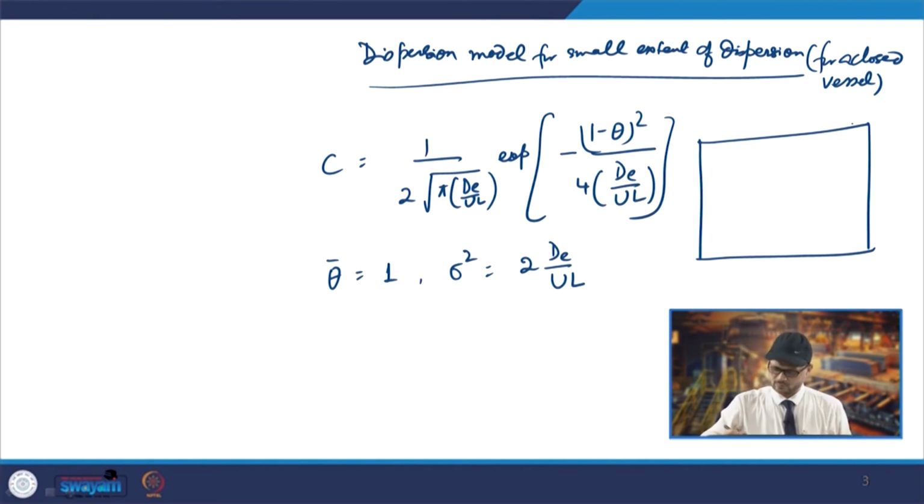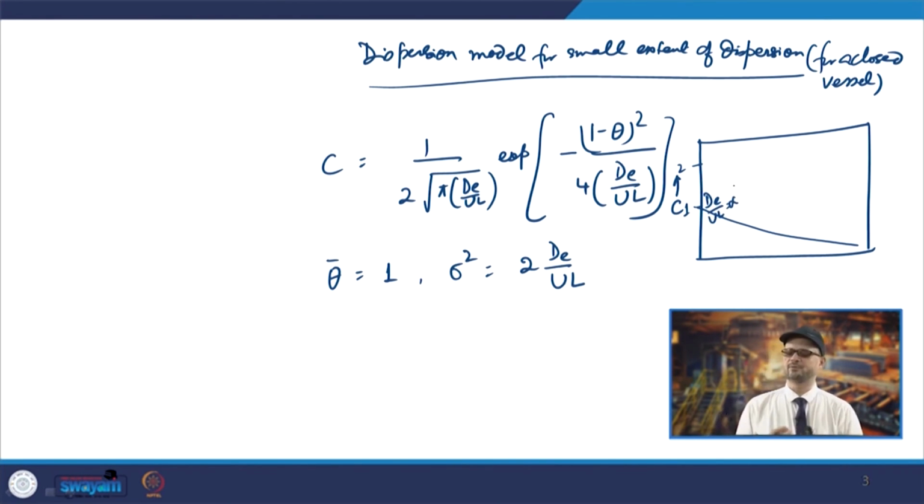You might recall that in the case of well mixed flow, the completely ideal mixed flow, your curve starts from here and goes like this. This is for the maximum d by ul, which will be infinity, representing the well mixed flow.